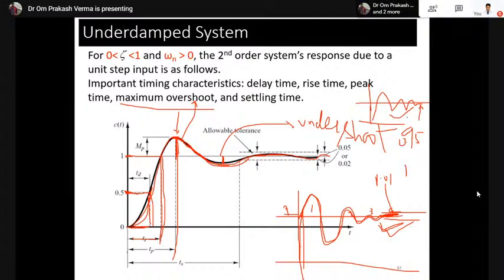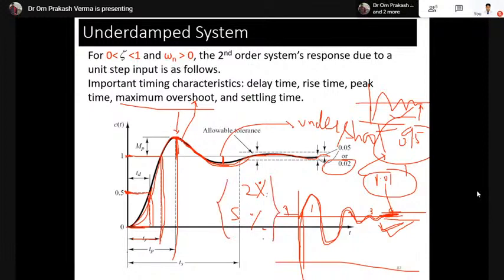So this is 0.95 or 1.01. So our question is, are these values tolerable or not? Okay, so we have defined some tolerance value. Tolerance means 2% tolerance or 5% tolerance, which are generally the standard defined values.